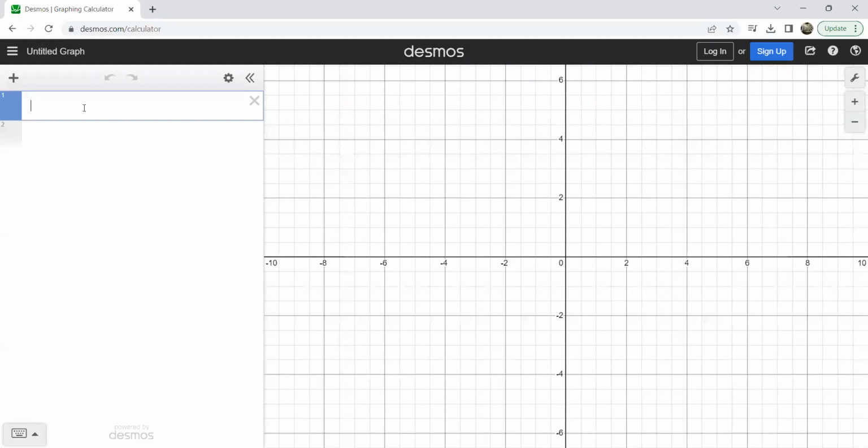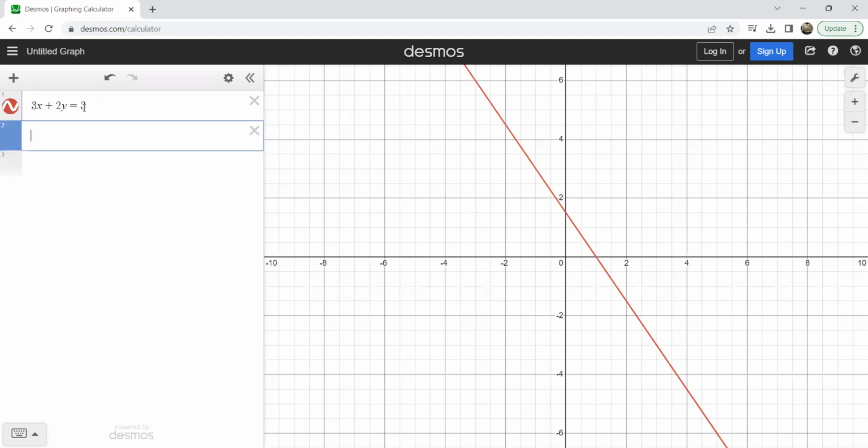For example, here you have Desmos, 3x plus 2y equals 3, and the second equation, minus x plus y equals 4. Just basic algebra. So as you can see, you have an intersection between these two lines, and the point of intersection is -1 and 3.